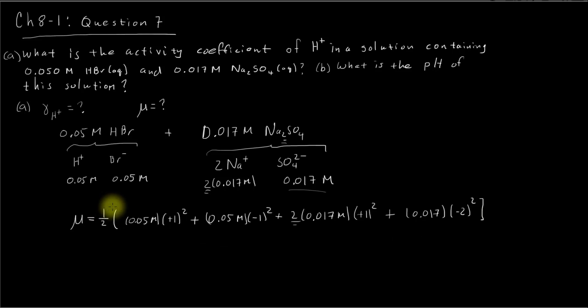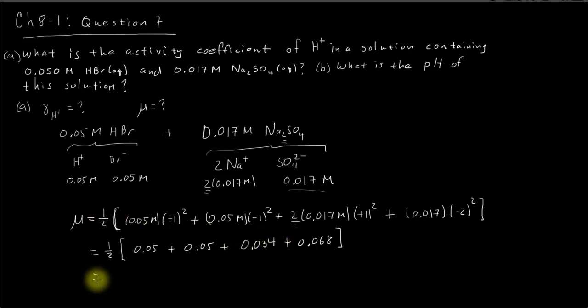All right, so then we do all the math inside here. For the first term, we get 0.05 times 1, 0.05, plus 0.05 times -1 squared is still 1, so 0.05. Plus, here we get 2 times 0.017 times +1 squared, which is just 1, and that's 0.034. And then last we get 0.017 times -2 squared, which is 4, so that's 4 times 0.017, which is 0.068.